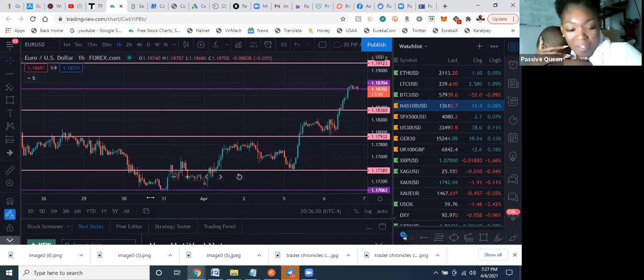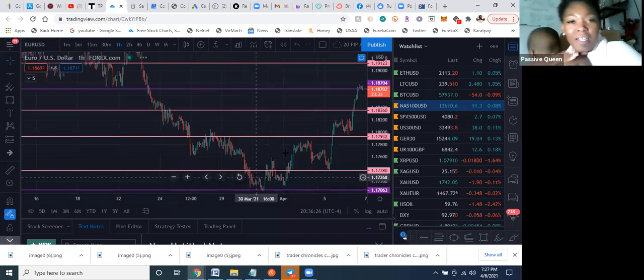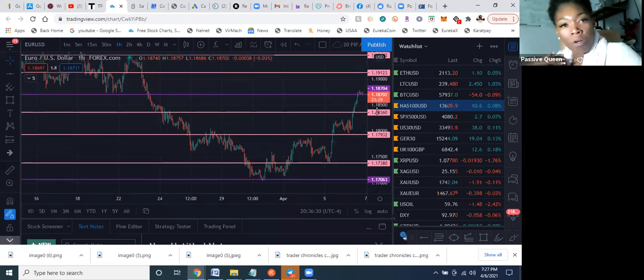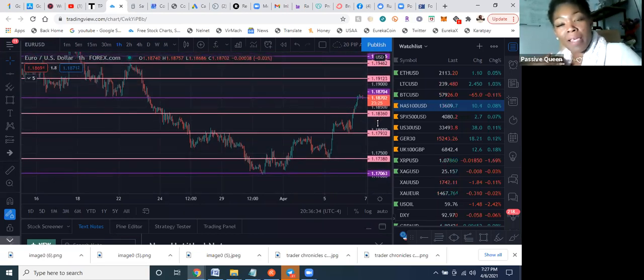Let me close it up. Look at even how we came from the daily and now we're on the 1 hour. And look how price is respecting where I put those lines at. And y'all be trying to figure out how you get a take profit and a stop loss. Ain't that cute? I think I like that, y'all.